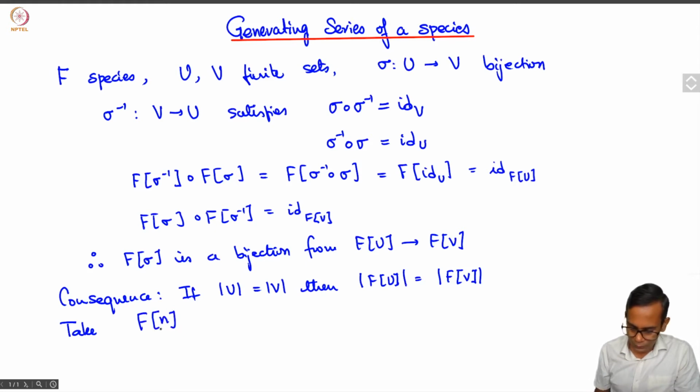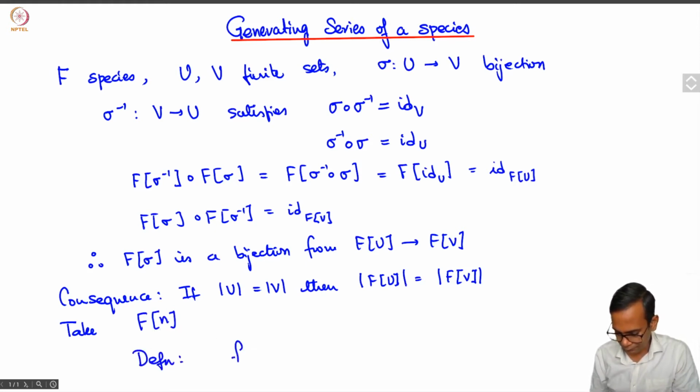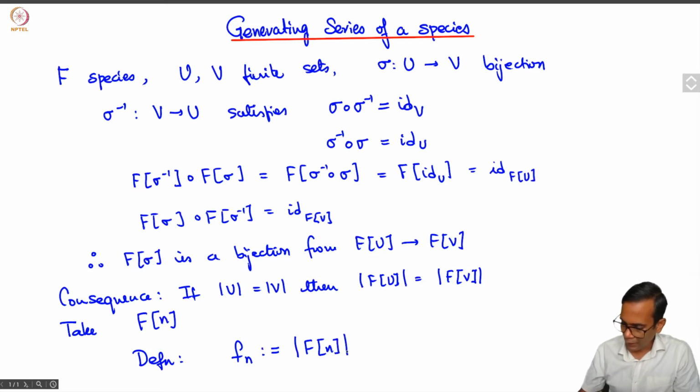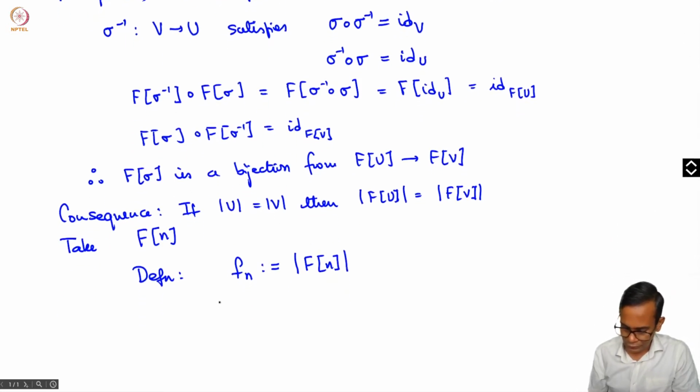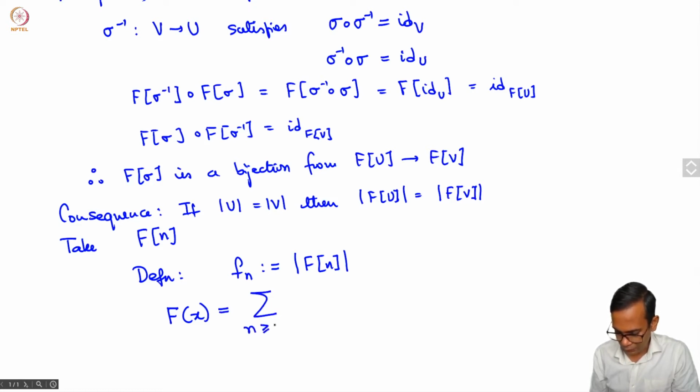And what we'll do is define little f of n to be just the cardinality of F of [n], and we will define the generating series of the species F to be the sum over n greater than or equal to 0, or n in the non-negative integers, of f of n x to the n by n factorial.